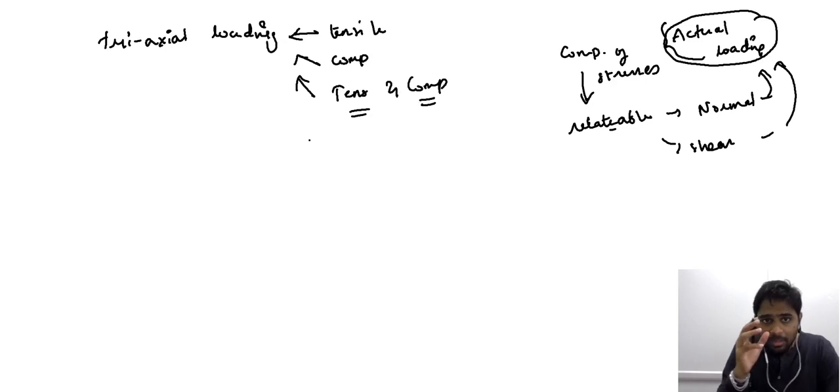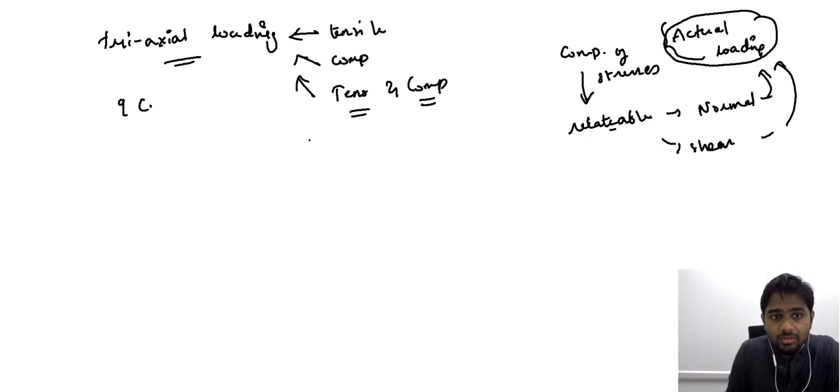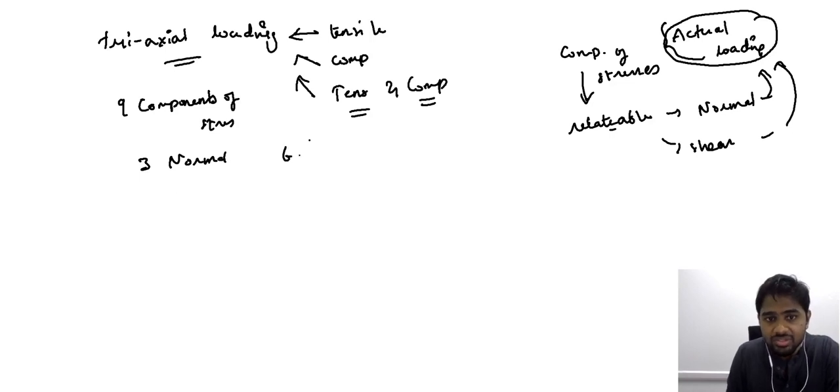This loading condition involving triaxial load, in order to describe it comprehensively, exhaustively, completely, we need to have 9 components of stresses. So these 9 components of stresses include 3 normal stresses and 6 shear stresses. So this is something that we saw in our previous lecture.